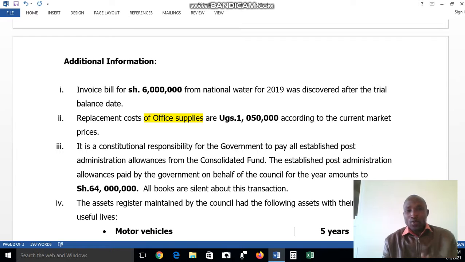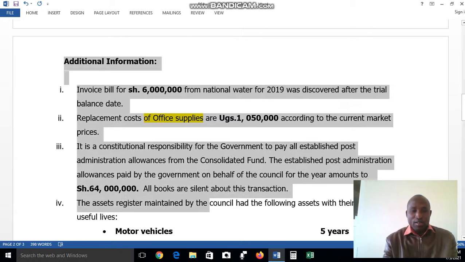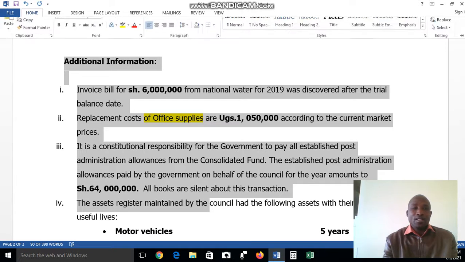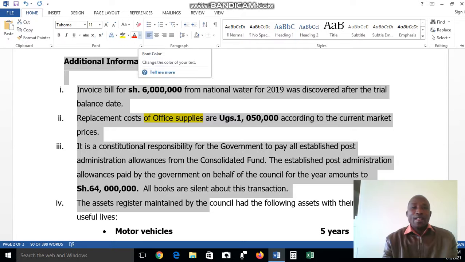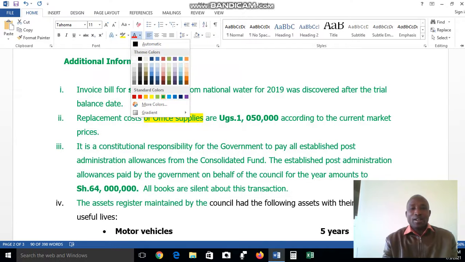The trial balance was prepared and balanced. So all these items we have here in the additional information are the ones that can actually bring issues, so that we must make adjustments in the trial balance. All these items in the additional information will affect the trial balance, the statement of financial performance, and the statement of financial position.